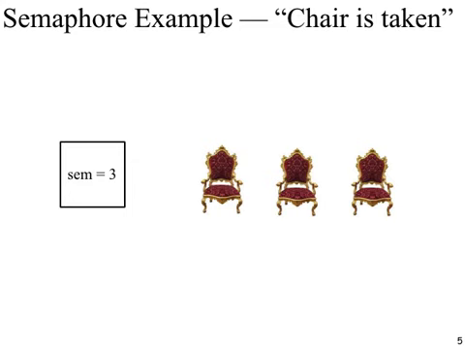So since there are three chairs, the initial value of the semaphore is set to 3, and all the chairs are initially empty. Gradually people will take these chairs one by one, and we will see how the value of the semaphore changes as the chairs get taken.